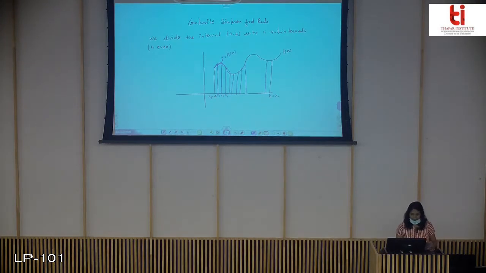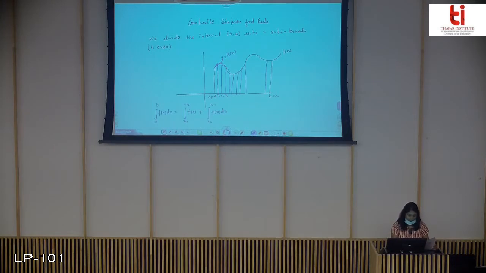Now we can write the integration a to b f(x) dx as x0 to x2 f(x) dx. We divide the whole interval into n parts and write it in a discrete form: x0 to x2 f(x) dx, x2 to x4 f(x) dx. Why? Because whenever we apply Simpson 1/3 rule we require 3 points together.